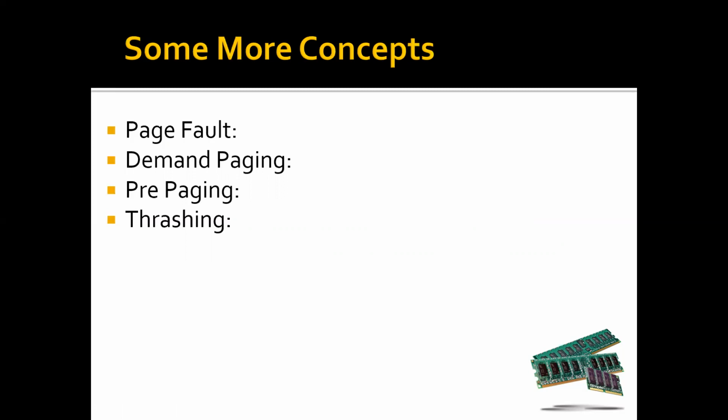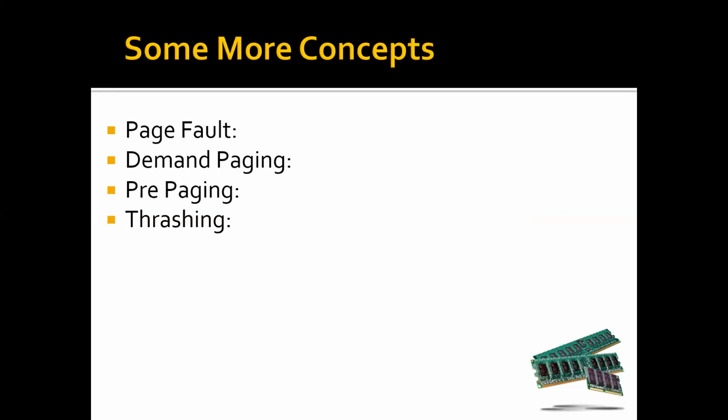If a page fault occurs, what do we do? We bring it from the secondary device to the main memory. The miss penalty that we have in the cache memory, similarly we have the page fault here. In cache memory, if you have a miss penalty, we bring the data from the memory to the cache. So if a page fault occurs, we bring the information from the secondary memory to the main memory. The requirement is that there should be fewer page faults.